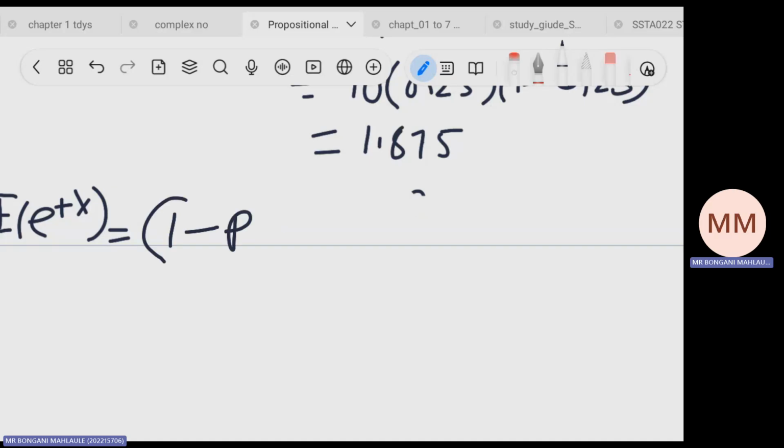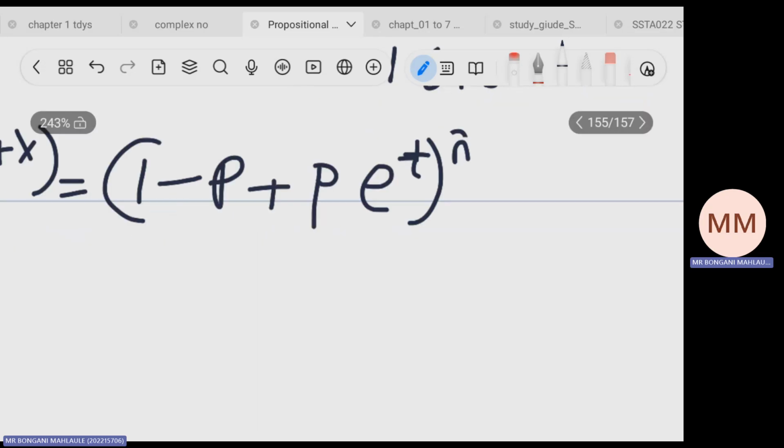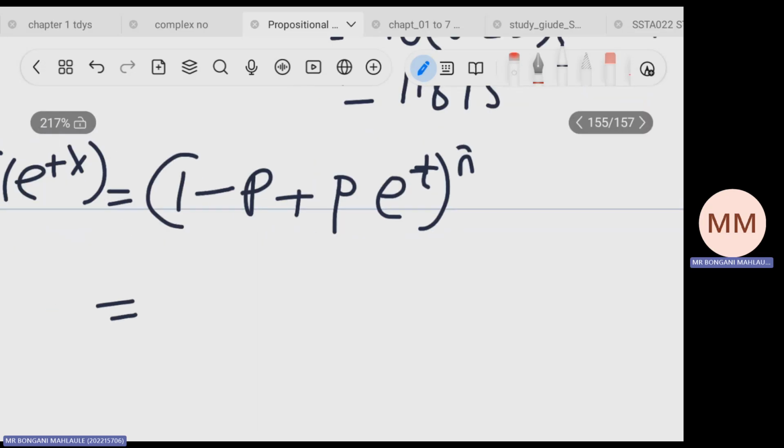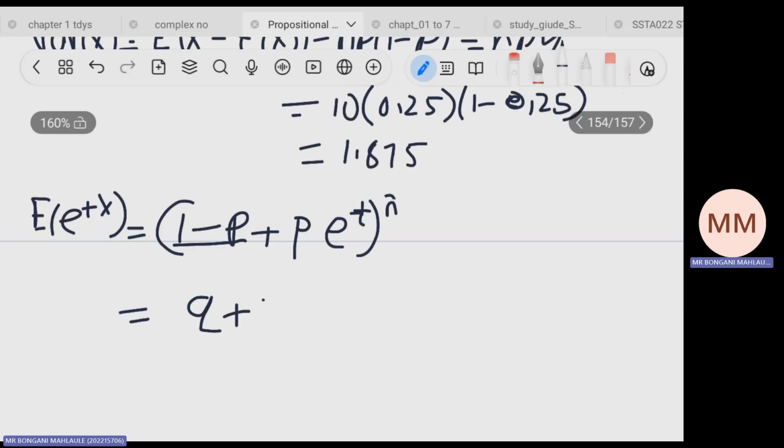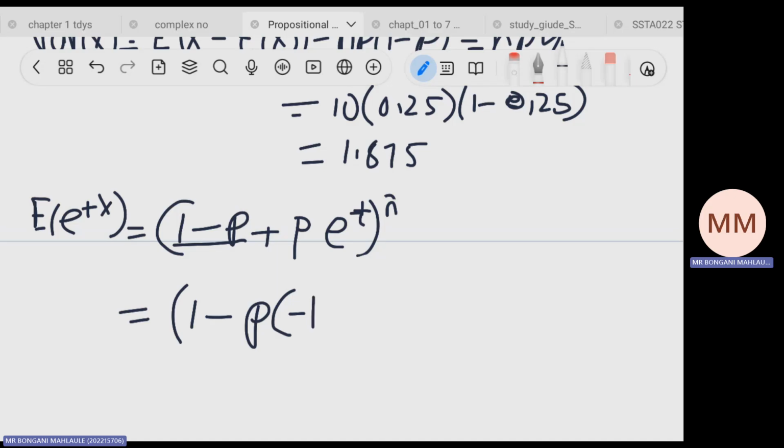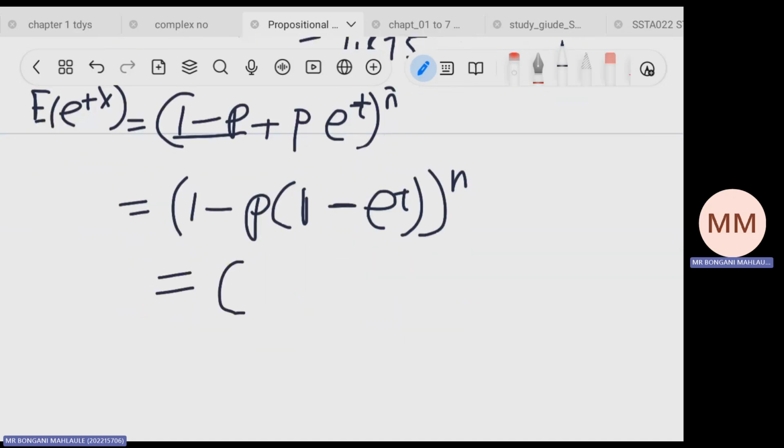So we have derived this in the first part of the semester. So we know that this is actually equal to q plus p e^t, or we can take out p here. You'll be left with e^t minus 1, all to the exponent n. So this will be equivalent to 0.75, if I'm substituting.